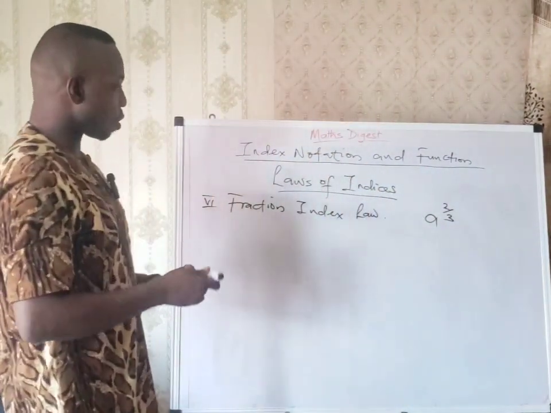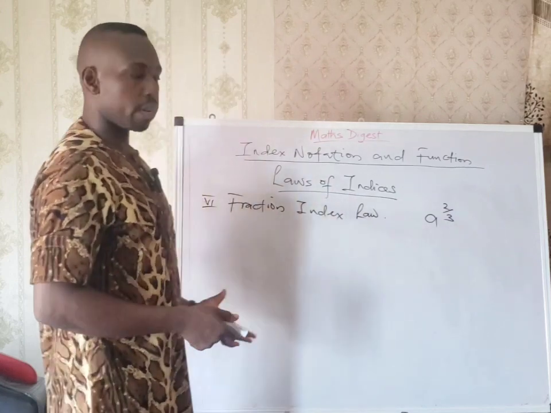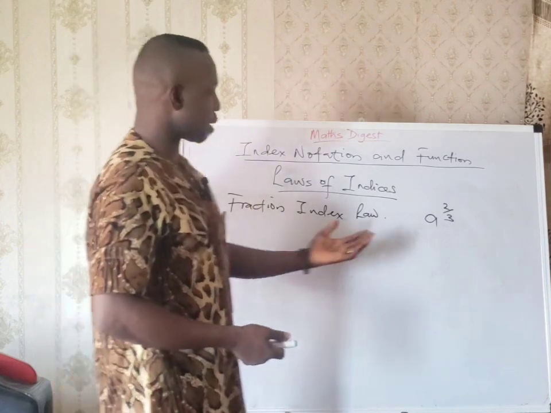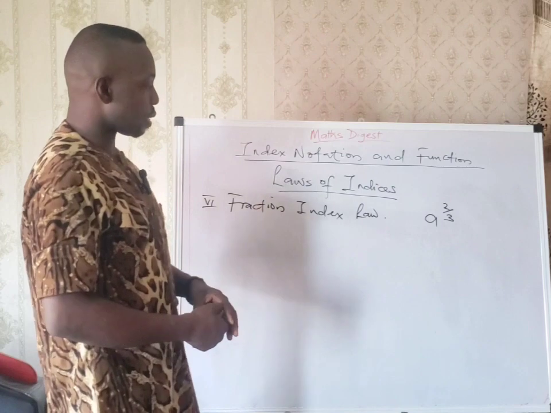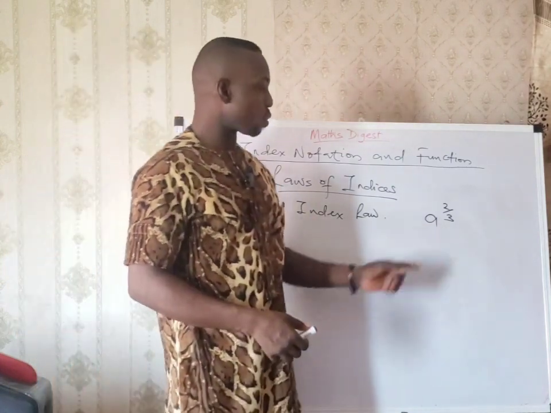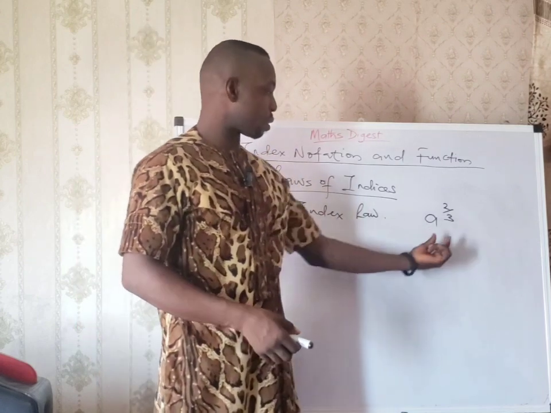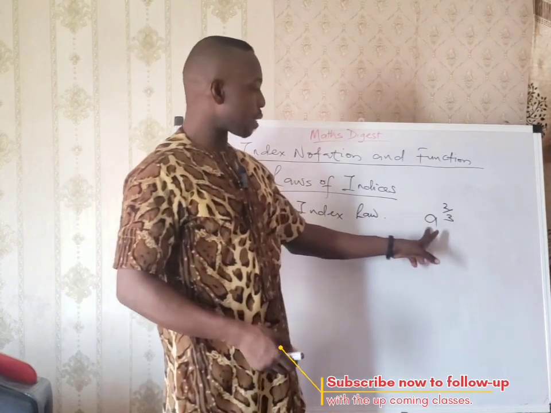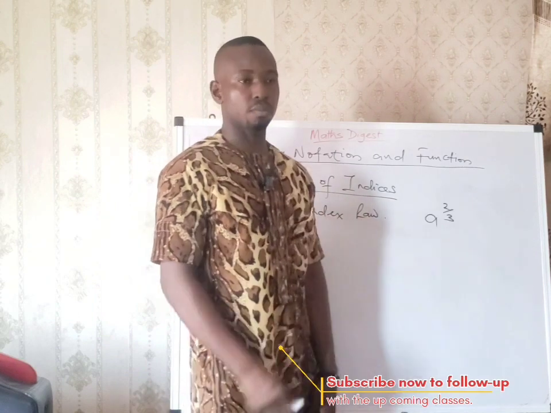Now, this has gone off from 1 over 3, which we know from the other law. In this case, the fraction index states that you take the cube root, because 3 is the denominator here. You take the cube root of this a, and later you raise it to power of 2.